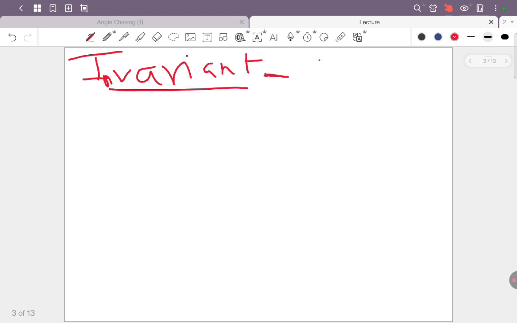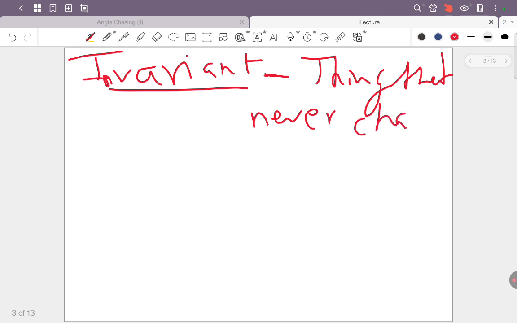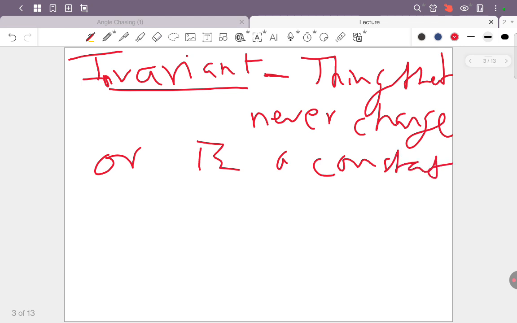This refers to a thing that never changes, or is a constant. So what does that mean? Simply, an invariant is a thing that never changes.